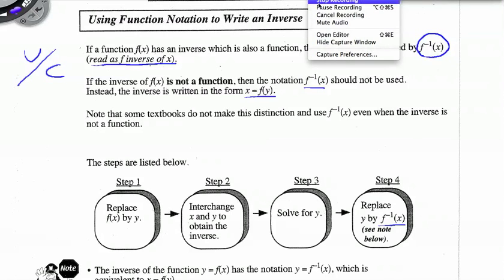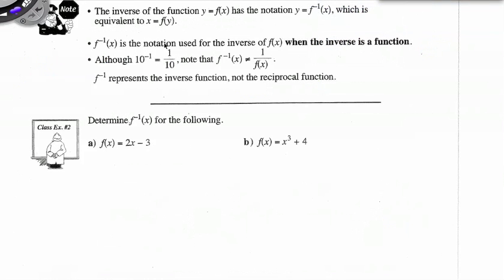So I'll just scroll down. Alright, note here the inverse of the function y equals f of x has this notation, and it's equivalent to this. But we'll use this when the inverse is not a function, it's just a relation.